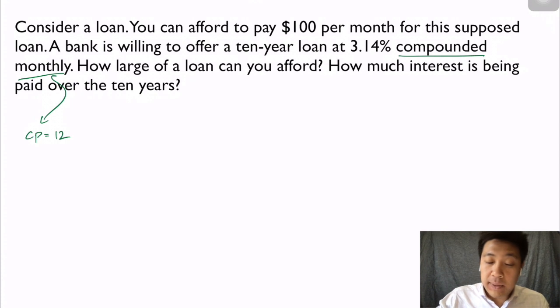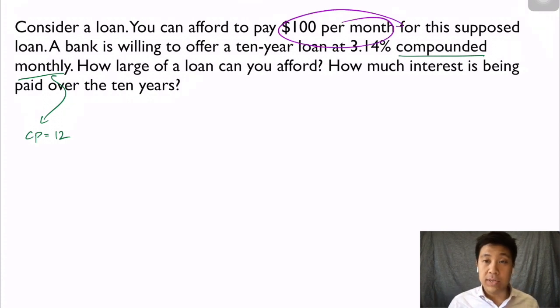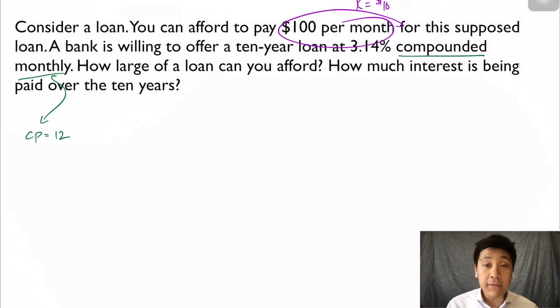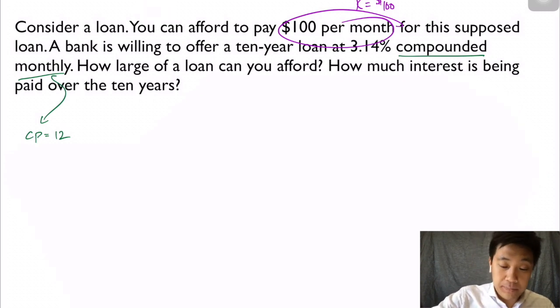That sounds like a recurring payment to me. With a recurring payment, you know that's immediately your R variable. So since you are provided an R, you must be solving for the present value. Can't have both variables empty.